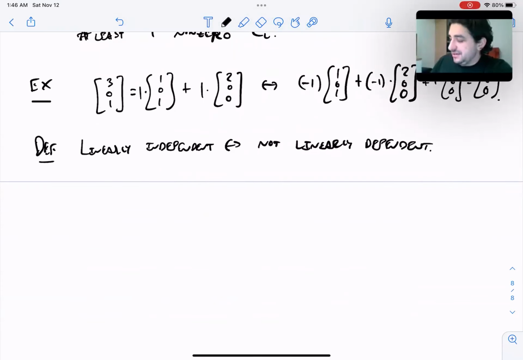Well, here's the thing. There's the notion of a basis for a vector space.